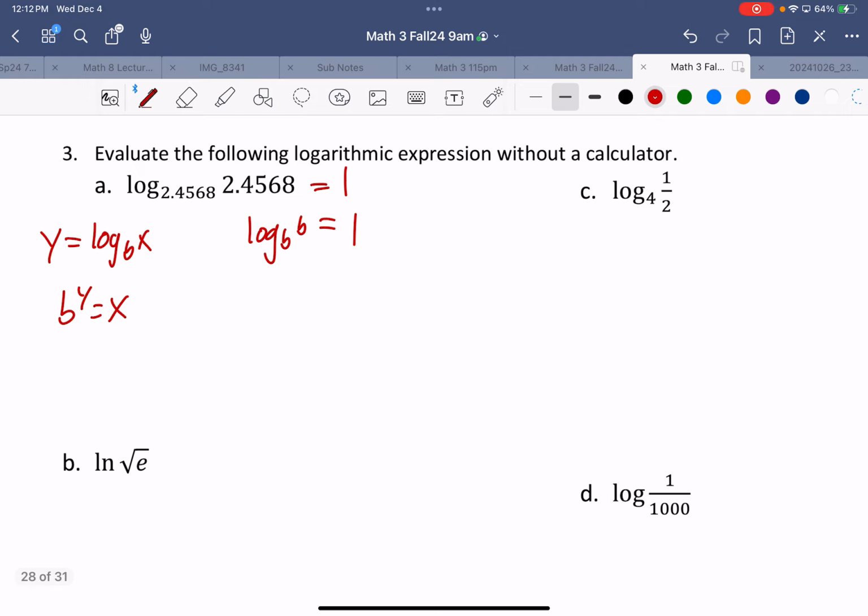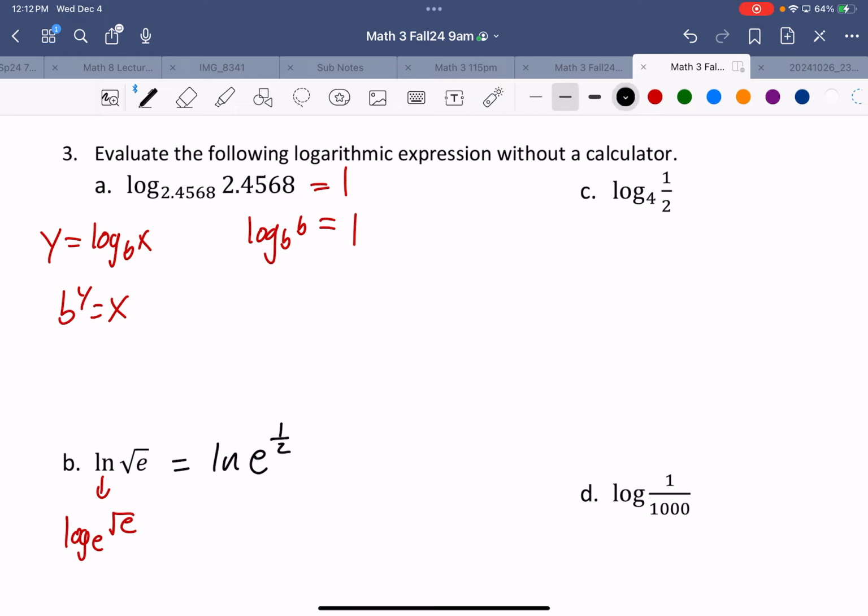This one is similar. You can either rewrite it, but don't forget that ln means log base e of square root of e. So the base and the argument are almost the same. We just have to think about this square root that could be rewritten as ln of e to the 1/2 power, right? Because you can rewrite any radical as a rational exponent and vice versa.